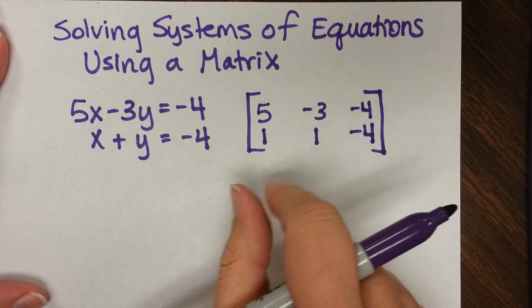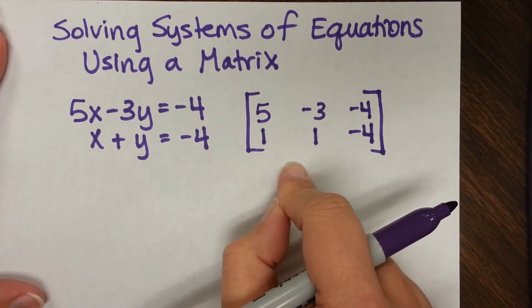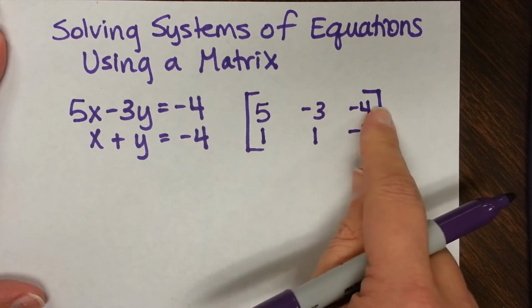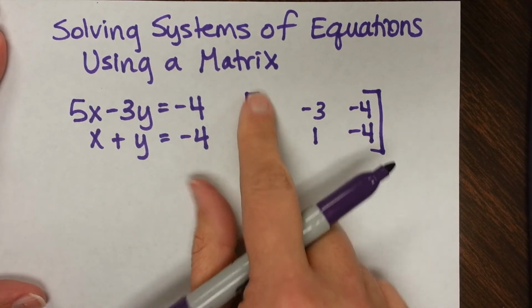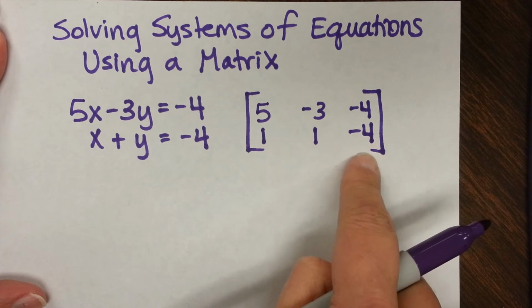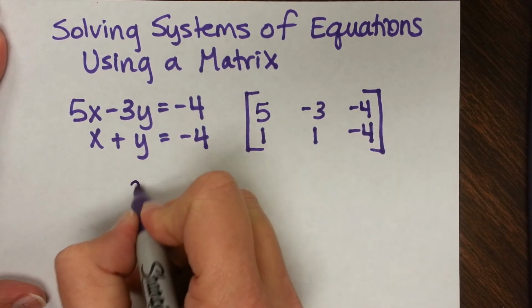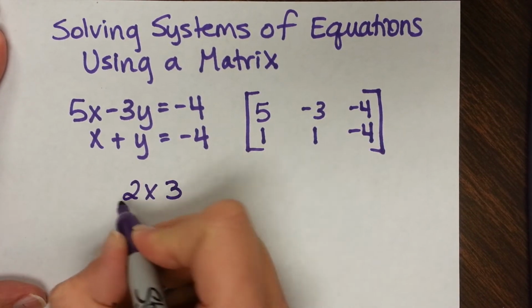All matrices that we look at are going to have a size. Their size depends on how many rows they have. This one has 2 rows. And how many columns they have. This one has 3. So this matrix has a size that is a 2 by 3.